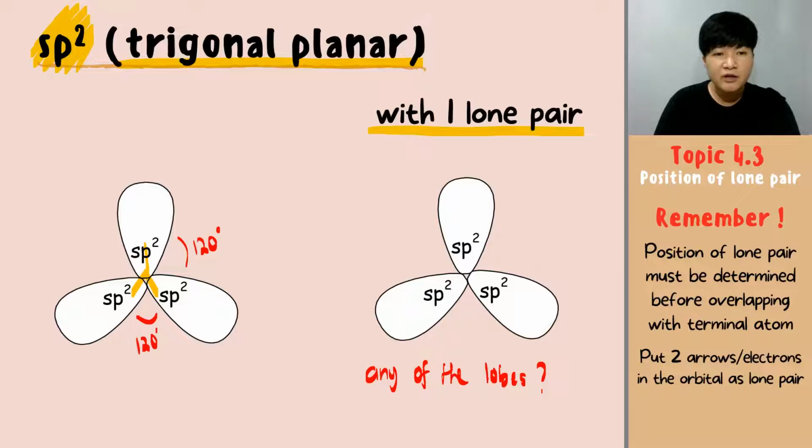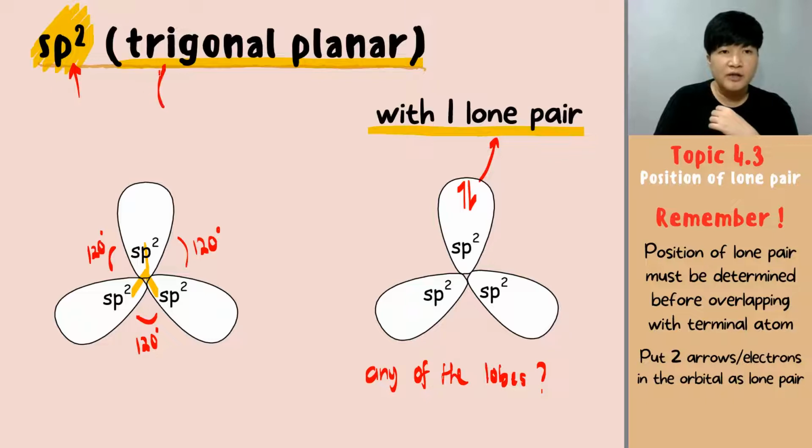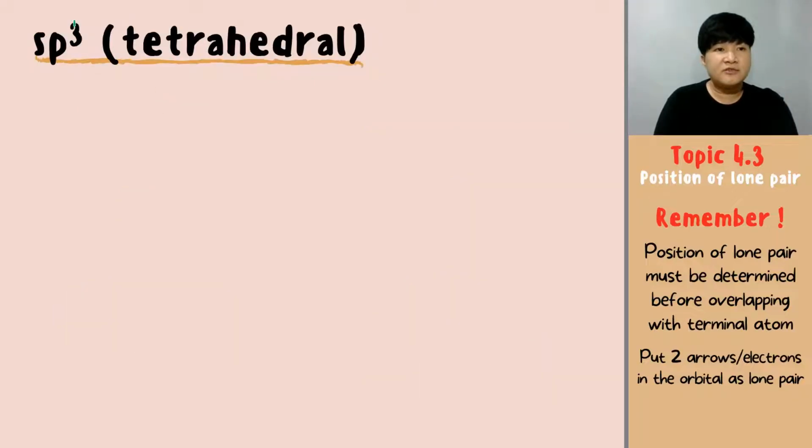When each of them has the same angle, your lone pair can be at any of the lobes. The way to put in the lone pair is two electrons paired out in the opposite direction. That is what we call a lone pair. Without overlapping, you already have a pair of electrons. That is your lone pair. For sp2 hybridized, which is a trigonal planar, the lone pair can be positioned at any of the lobes.